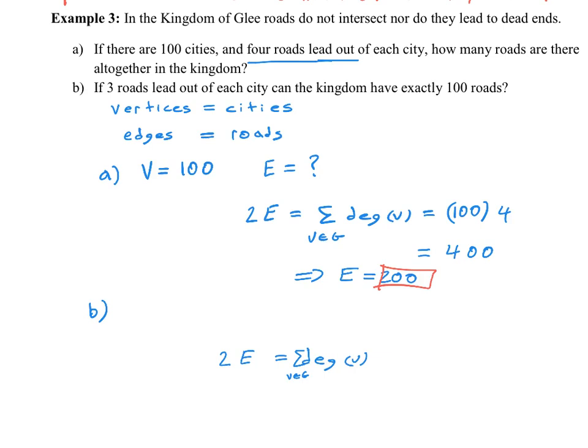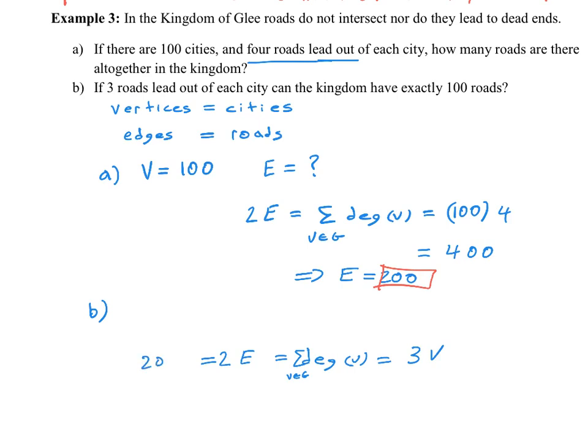So we'll just label capital V as the number of cities, and each of those cities have 3 leading out, so we'll multiply by 3. Okay, now we are told that we're trying to make this particular kingdom have exactly 100 roads, so that would be the number of edges.